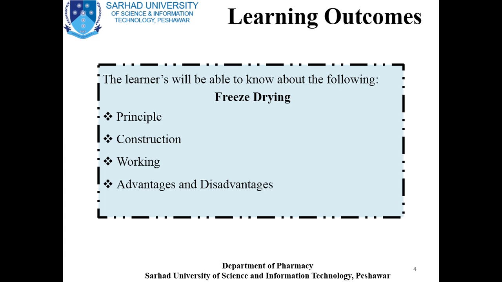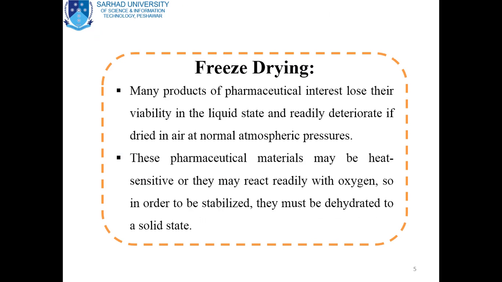If we keep it for drying in the freeze dryer, what will be the several steps, as well as advantages, disadvantages, and some examples of materials which can be processed for drying by using the static bed dryer type, that is the freeze dryer.